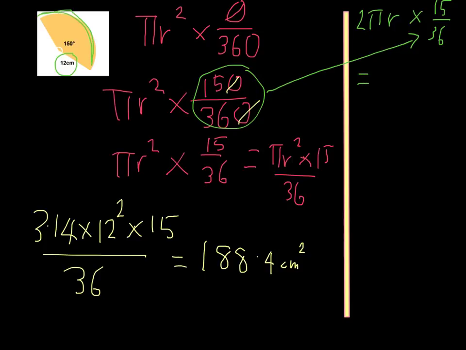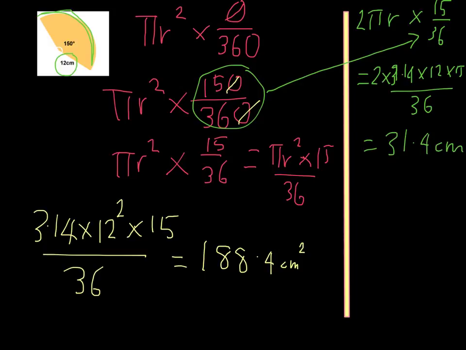So let's plug that in: 2 times 3.14 times 12, all times 15, and then divide it by 36. If we work that out, we end up with an answer of 31.4 centimeters.